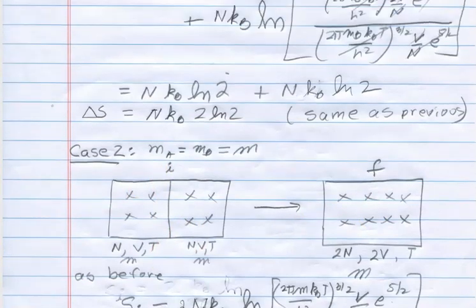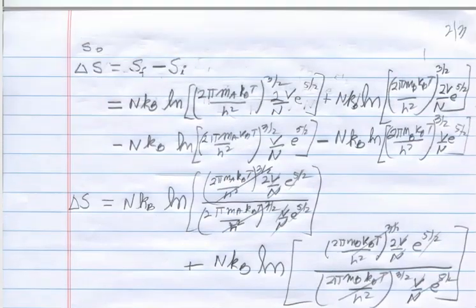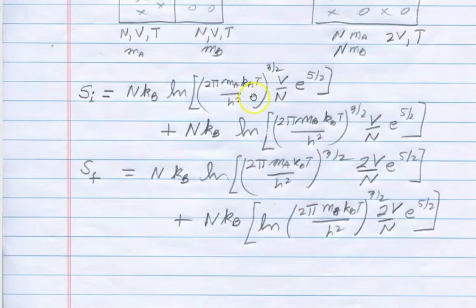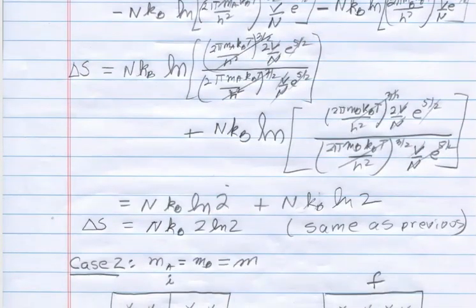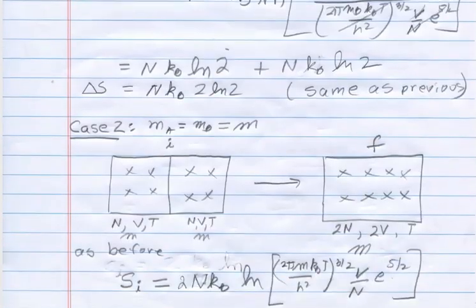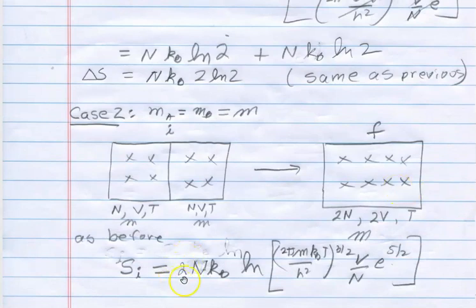And so just like before, we have our initial result up here, except the only difference is that Ma and Mb are the same M. So really I get the same term in both cases, and that's what I've written here. I get a factor of 2. They're confined to volume V, and I've got N particles. I just picked up that factor of 2.